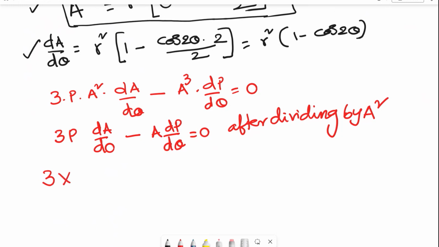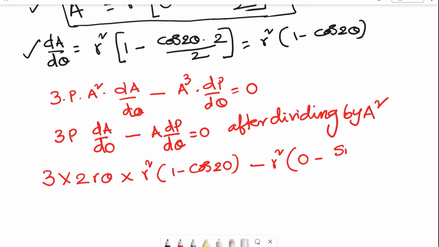So therefore, now put it in. What is P equal to? If you remember, P is equal to 2r theta. That is the first thing. What is dA by d theta? R square into 1 minus cos 2 theta. This is the first term. Minus A, which is r square into theta minus sine 2 theta by 2, into dP by d theta, which is 2r, is equal to 0.